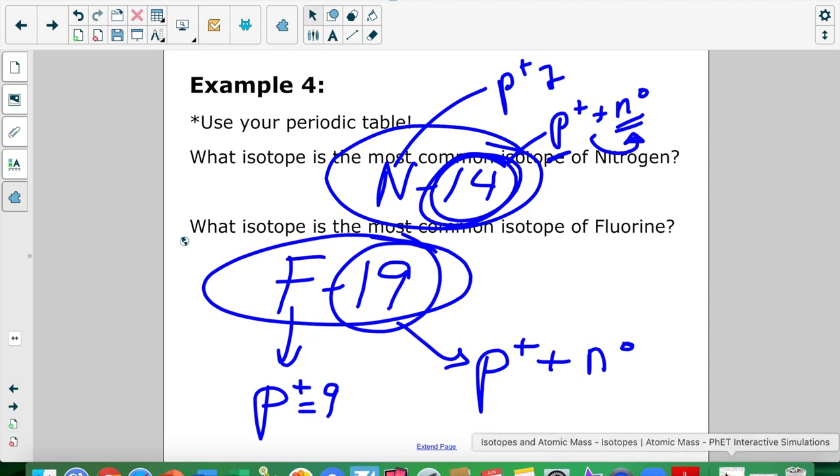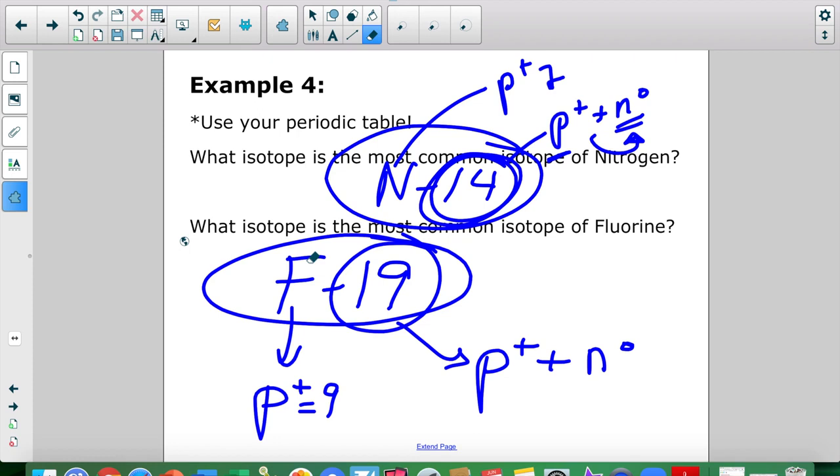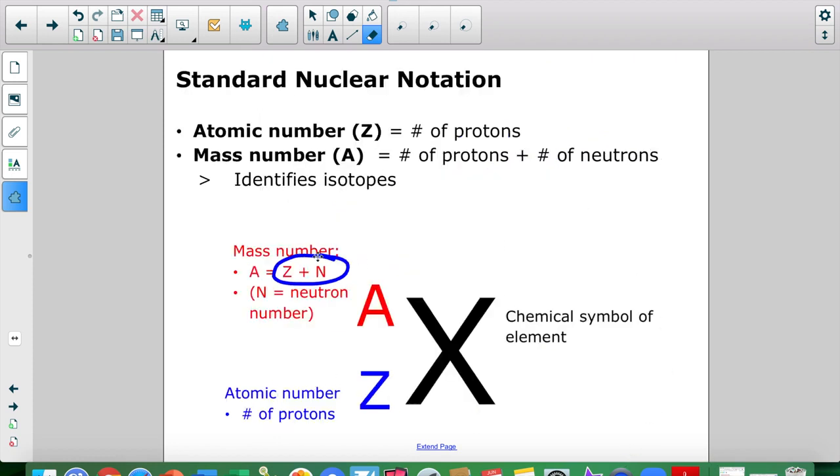What's another way to represent isotopes that is equivalent, and you also need to know, is what we call the standard nuclear notation. The standard nuclear notation is just a way to give you more information on the number of protons and neutrons of the isotope. This standard notation has 3 parts. It has the symbol of the element first.